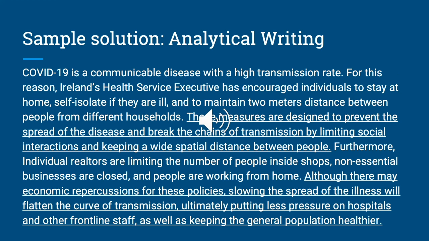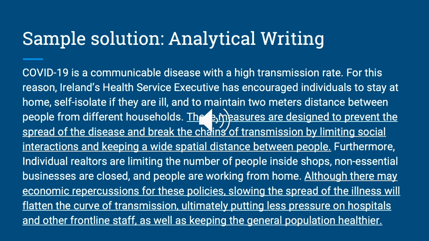This example follows that up with analytical writing that interprets that evidence. So it states why these measures are in place, what the reason is that these are being implemented, and how this will hopefully impact and slow transmission of COVID-19.